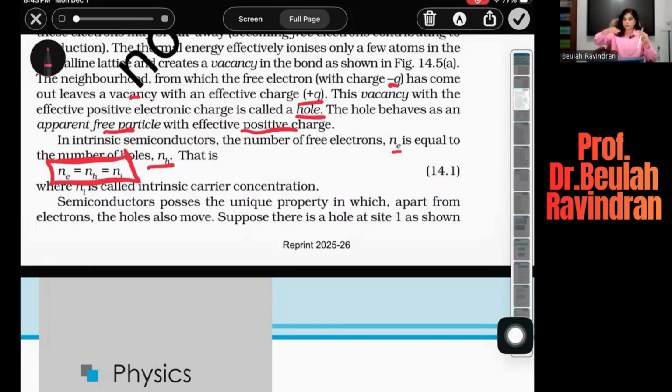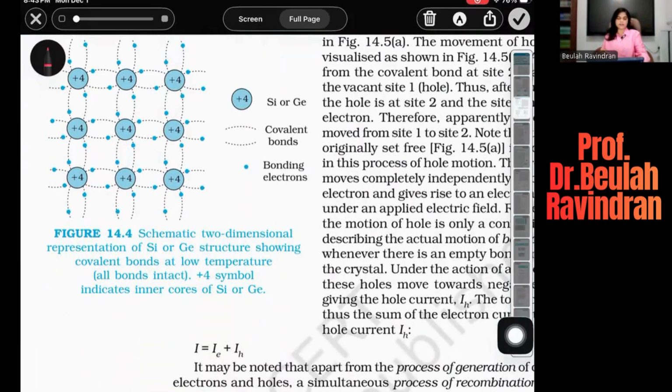So in the topmost valence band, very few electrons are free, and they are about to move to the conduction band. Is it clear for you? Not all the electrons, so that it leaves the vacant site. So only very few holes and few electrons are formed, and the number of electrons should be equal to the number of holes. However many electrons are transferred to the conduction band, the same number of holes are left behind.